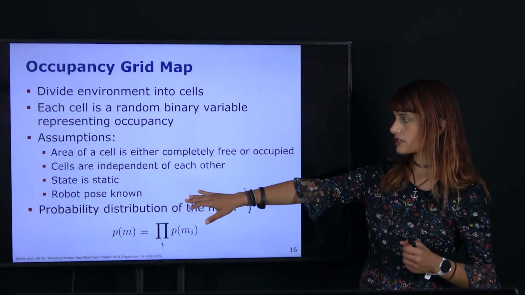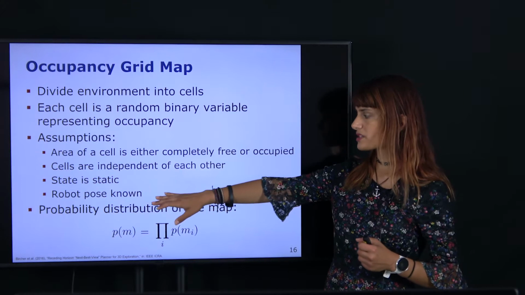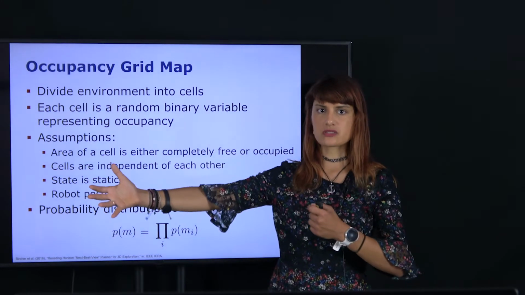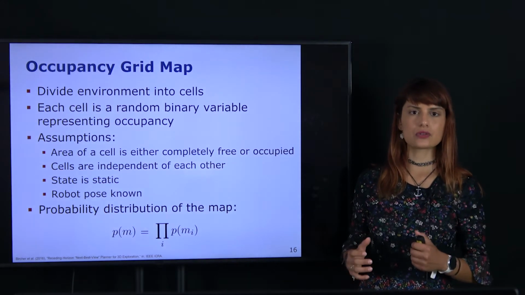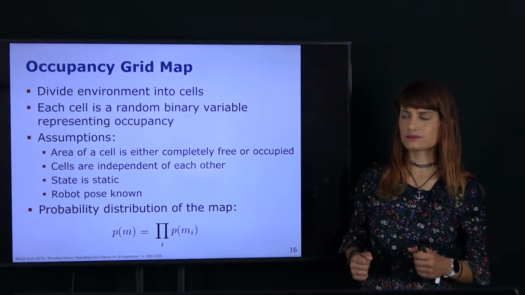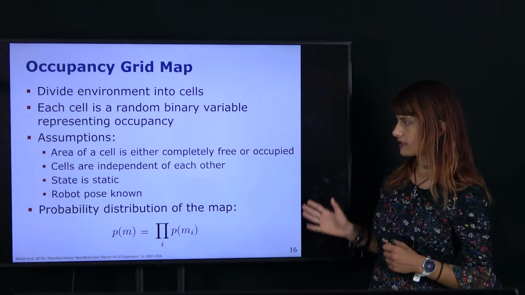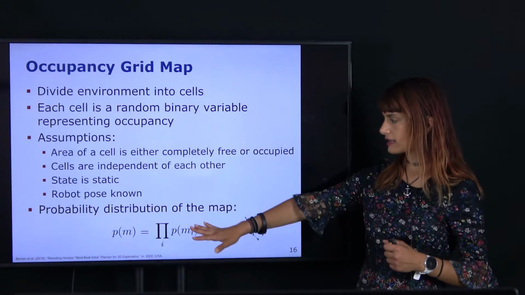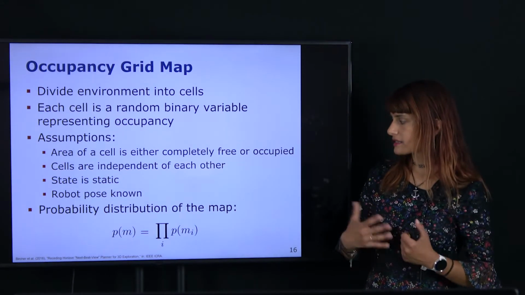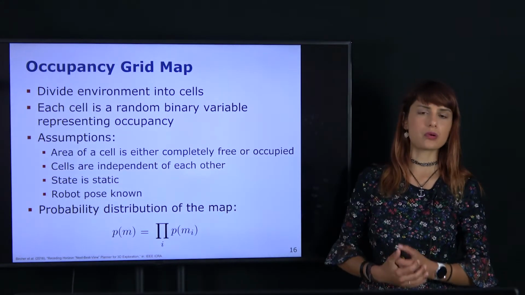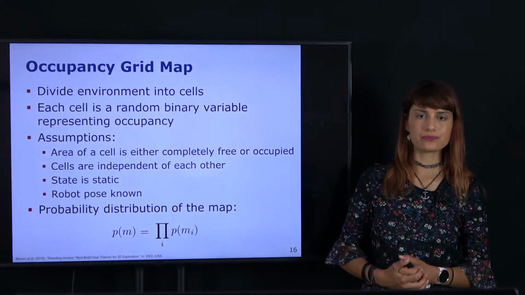But for this lecture and exploration, we assume that we simply have to project the measurements the robot receives from a pose, and that pose is actually provided to us by the state estimator. And based on these principles, we can say that the probability distribution of an occupancy grid map is simply the product of the probabilities of its cells.